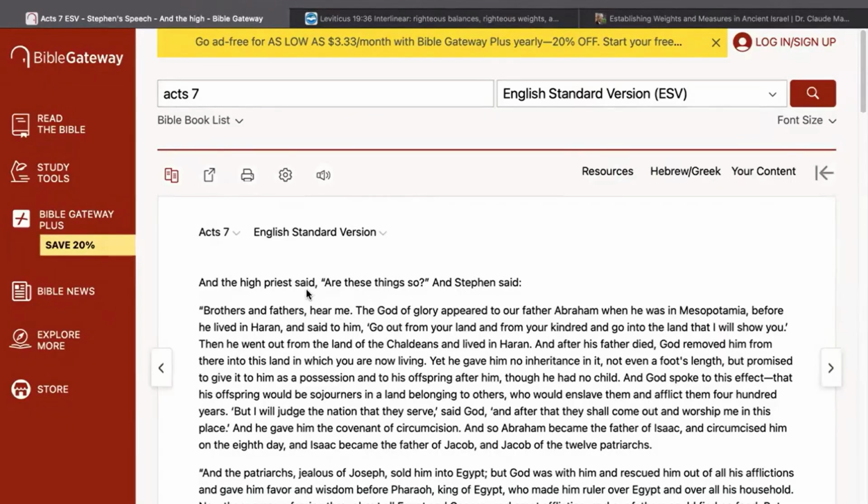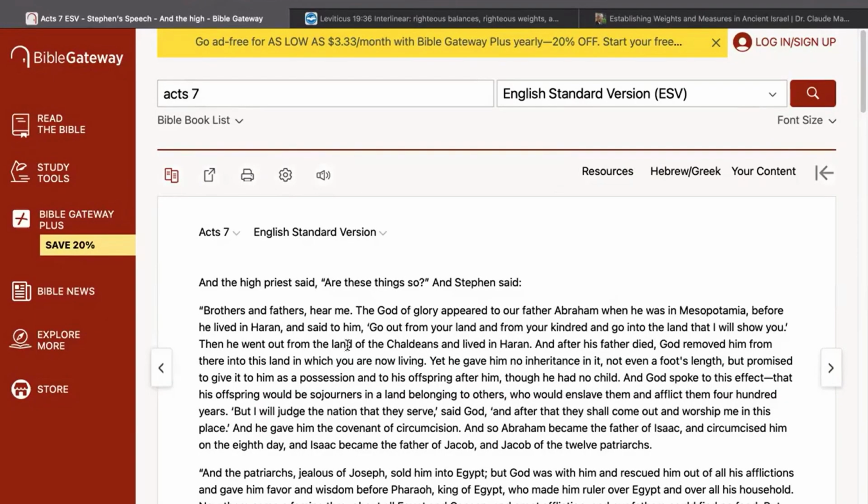So the high priest said, "Are these things so?" And Stephen said, "Brothers and fathers, hear me. The God of glory appeared to our father Abraham when he was in Mesopotamia, before he lived in Haran, and said to him, 'Go out from your land and from your kindred, and go into the land that I will show you.'